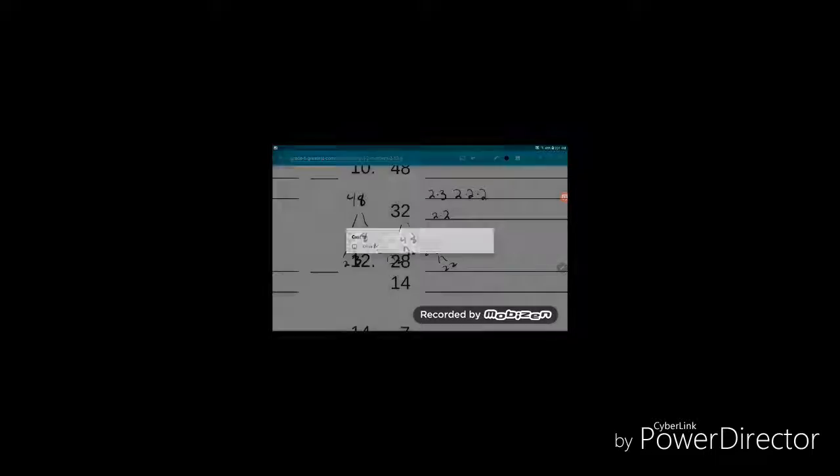Now 32, what are 2 factors of 32? 4 and 8. 4 breaks down to 2 and 2. 8 breaks down into 2 and 4. This is 2 and 2. So the prime factorization is 2 times 2 times 2 times 2 times 2.